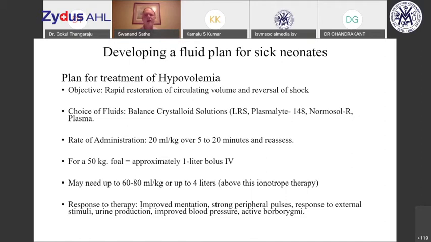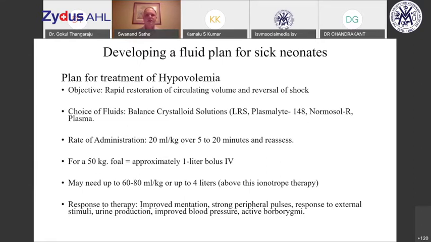In a hypovolemic foal, you can safely administer fluids up to 60 to 80 ml per kilogram. However, to begin with, we start with a 20 ml per kilogram bolus, run over the first few minutes. For a 50 kilogram foal, that approximates about 1 liter of fluid IV. Just make sure that after each bolus, you're evaluating the foal's clinical response.